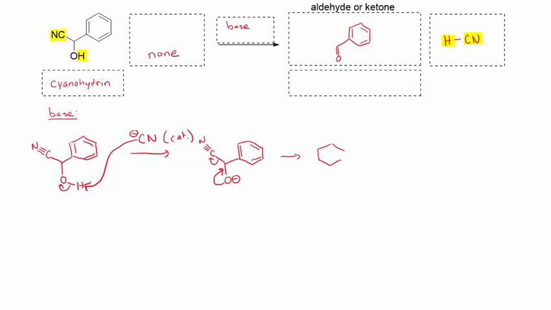And the energy benefit that helps there is we're making a carbonyl pi bond. And the side product from this step is cyanide. And so if we're looking at how this is considered a catalytic reaction, we can say we used a cyanide and we made a cyanide.